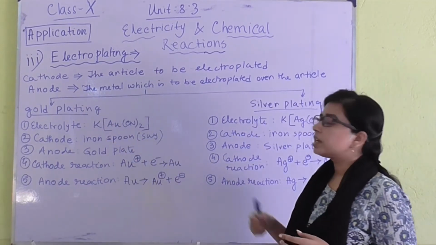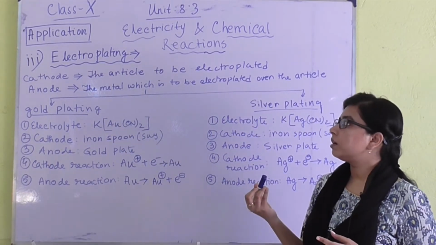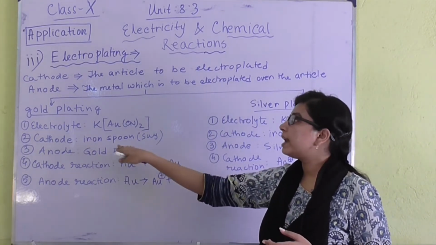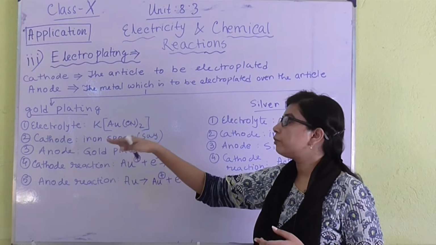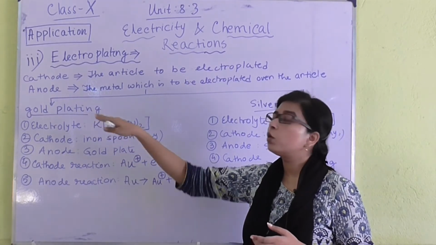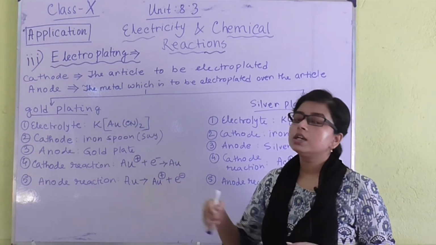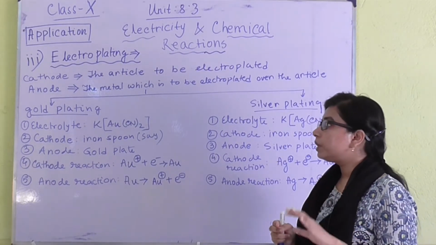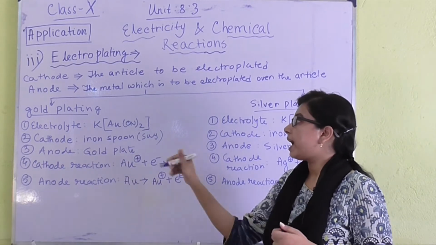Suppose if we want to give a gold plating over an iron spoon, then we have to take a pure gold strip or a pure gold plate as the anode.